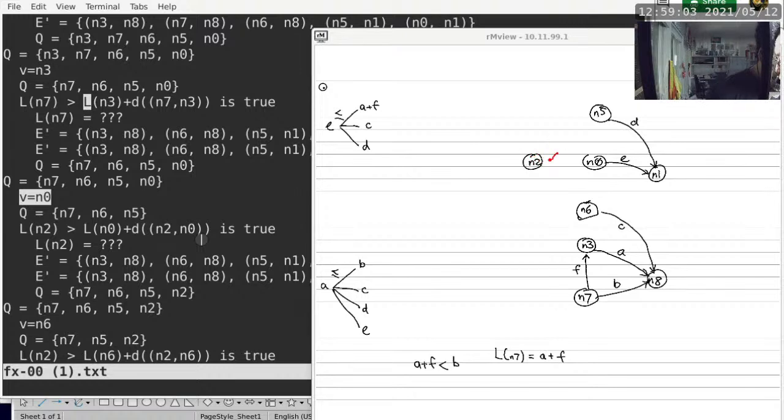This is n2 to n0. And as a result of that, the initial L value of n2 is infinity. So that's why we found a quote-unquote new value, L value of n2. And it is useful to denote this as g. And now we say L of n2 is g plus e. Okay, so it's important to keep track of all of that stuff.